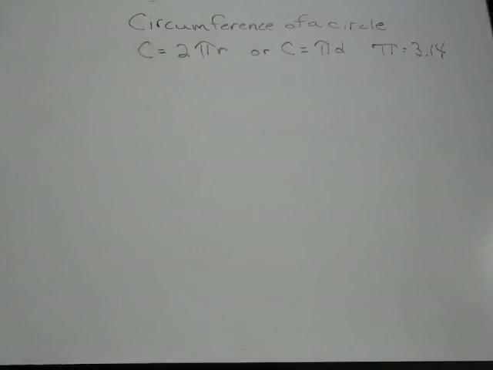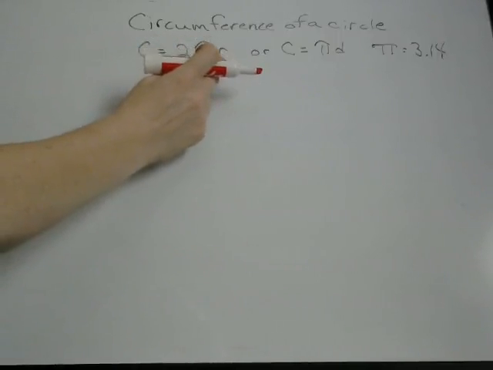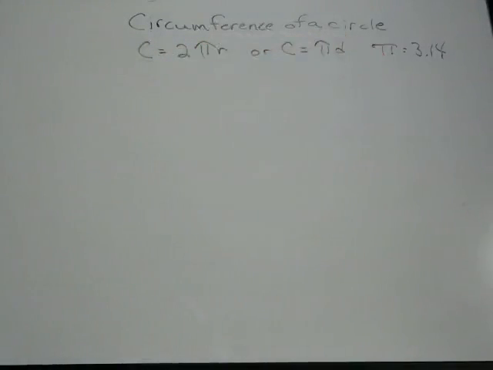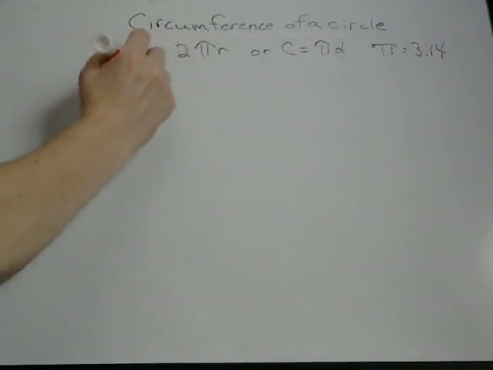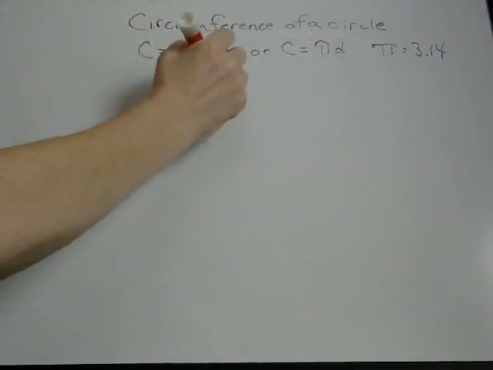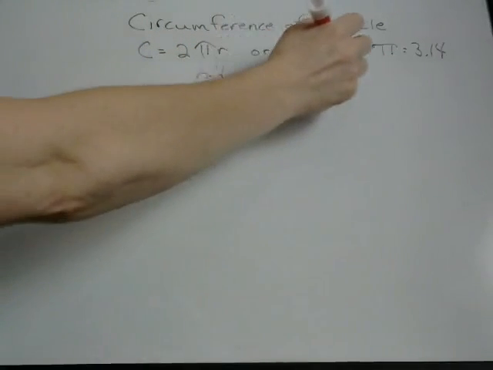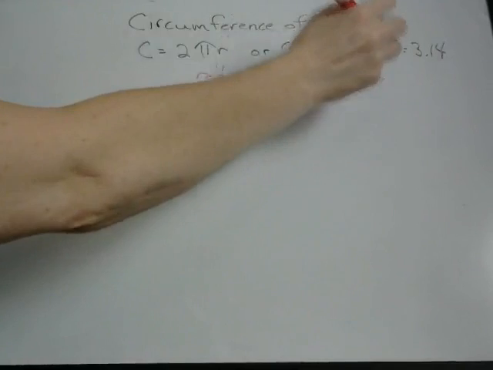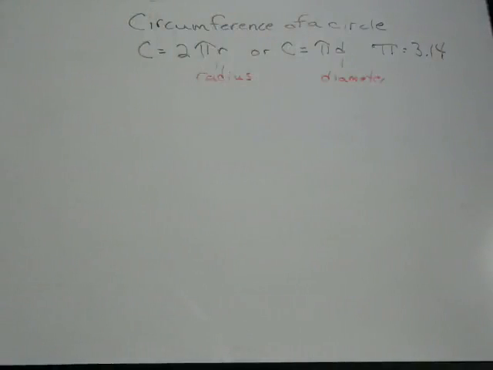It's under the perimeter section, and it says circumference, which is C, equals 2 times pi times r, or C equals pi times d. And in these formulas, r means radius, d means diameter. Again, if you don't know what those mean, you need to watch the video on the Facebook page.